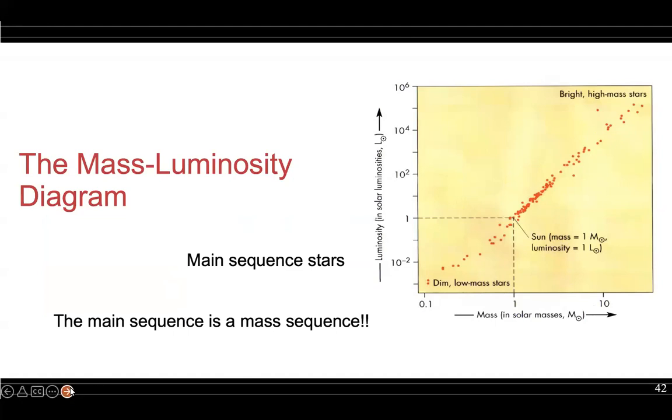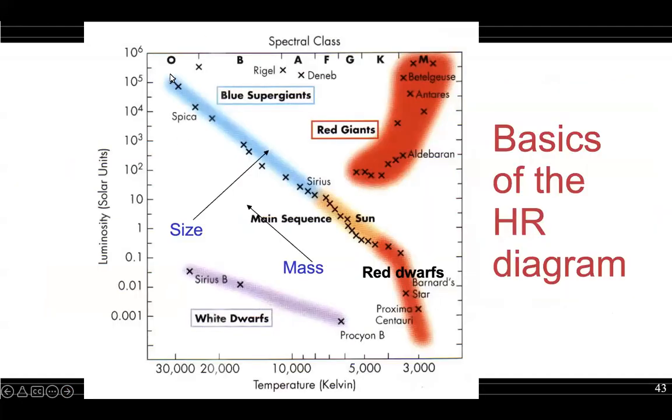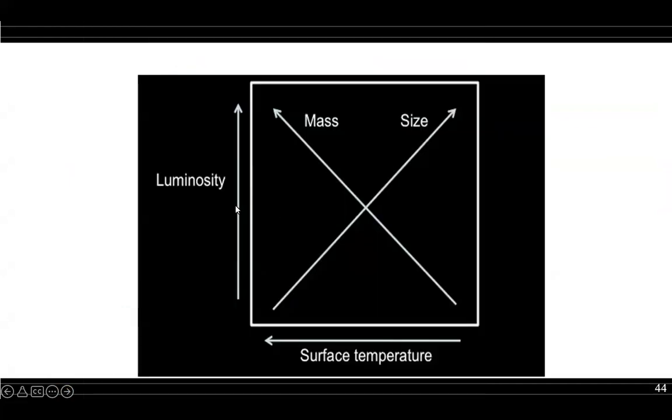In the sense, we'll look at it in a minute, that these are the stars which are more massive. These stars have a lower mass, right? So this is a mass sequence, the main sequence, where mass goes this way and high mass is here, low mass is here. So radius, large radius is here, small radius is here, large mass is here, and small mass is here. So this is exactly what I was talking about.